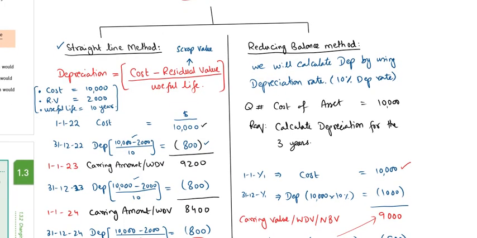But there is some reason for using the straight line method or the reducing balance method. When we use straight line or reducing, it depends upon the usage of an asset.